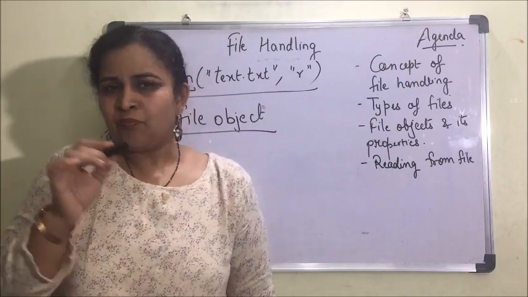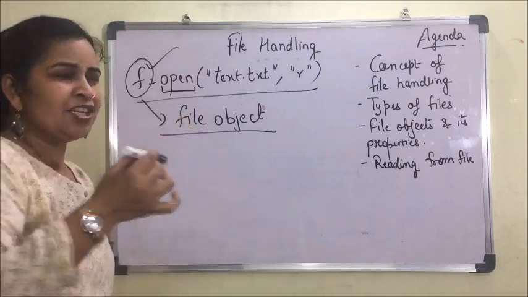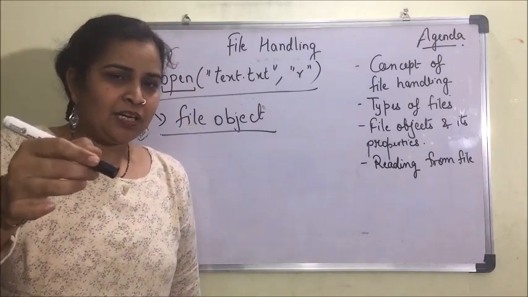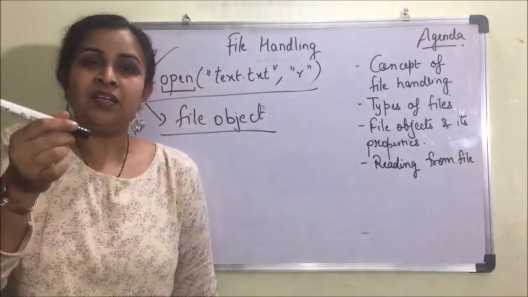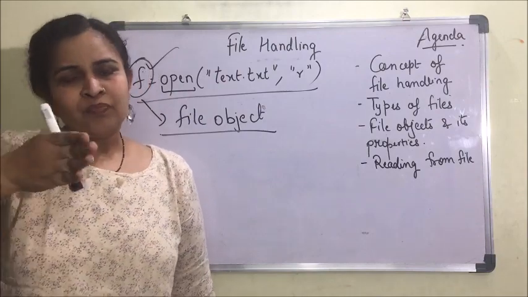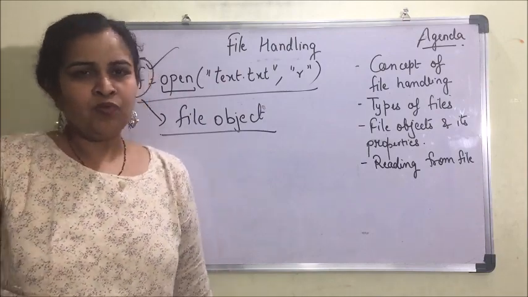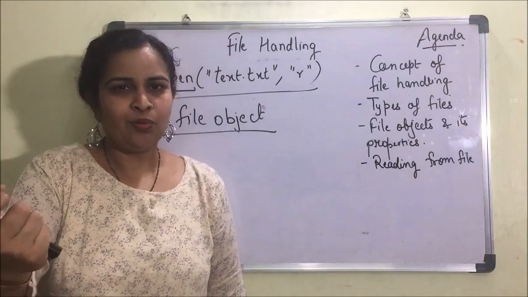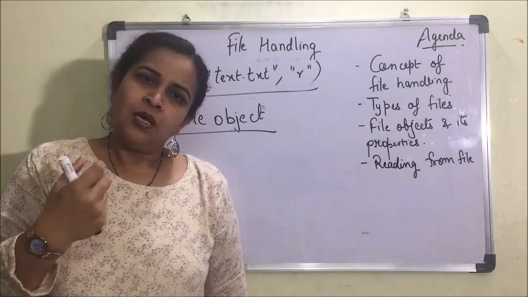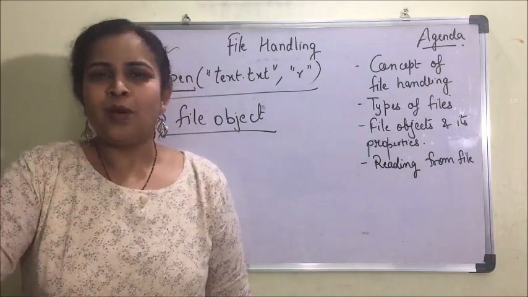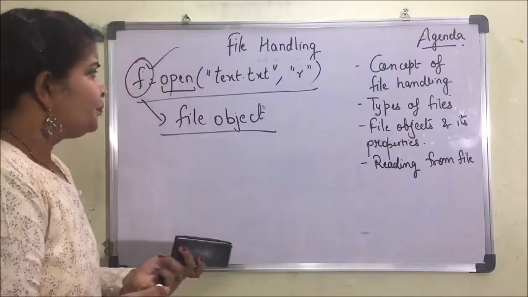So the object works just like a pen. It basically has the reference to the file, and whenever the pointer moves, that particular character is read from the file. So the object is a pointer to the file basically.